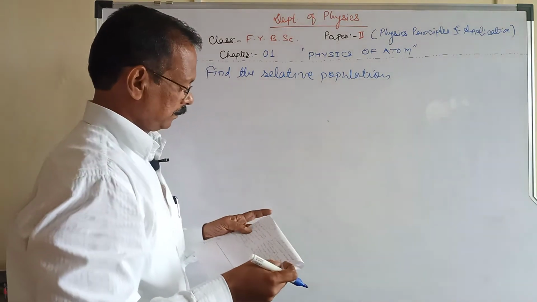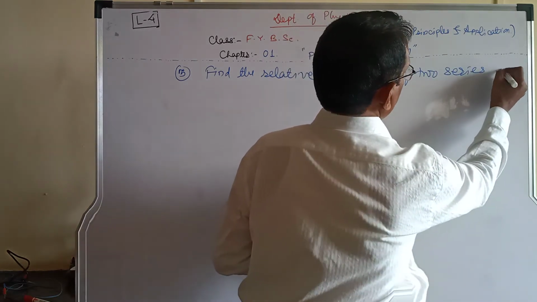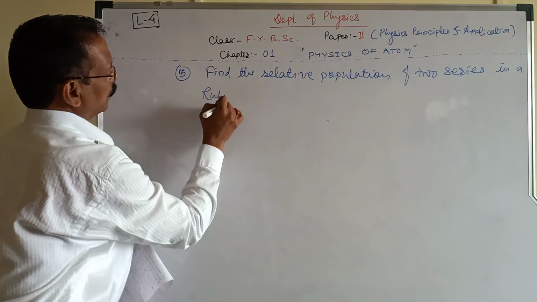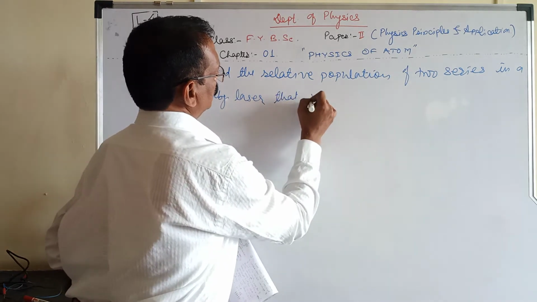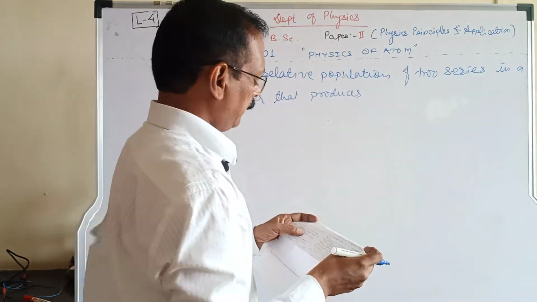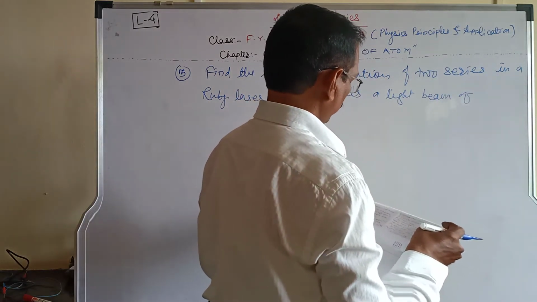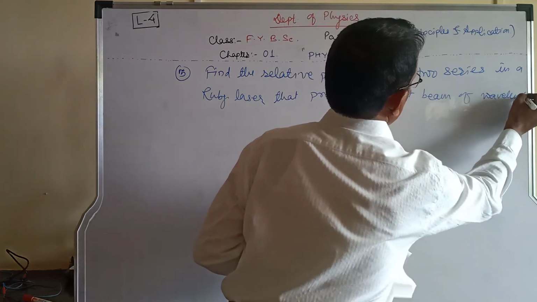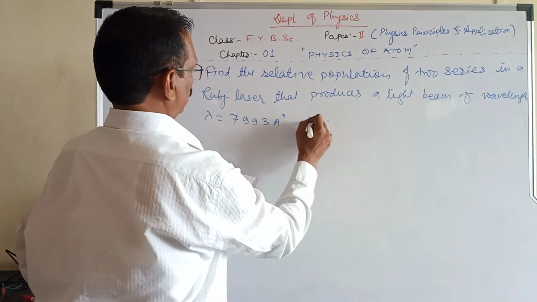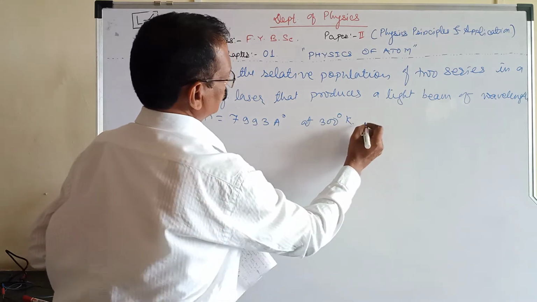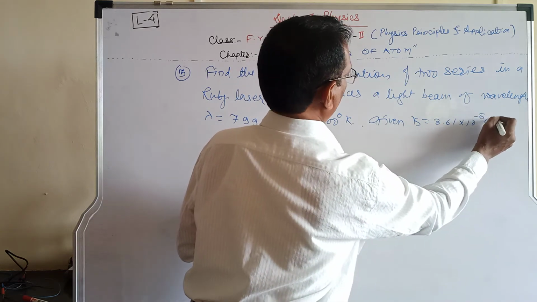Find the relative population of two series in a ruby laser that produces a light beam of wavelength, means lambda is equal to 7993 angstrom, isolated at 300 degree Kelvin, and given K, Bose-Einstein constant K is equal to 8.61 into 10 raised to minus 5 electron volt per degree Kelvin.